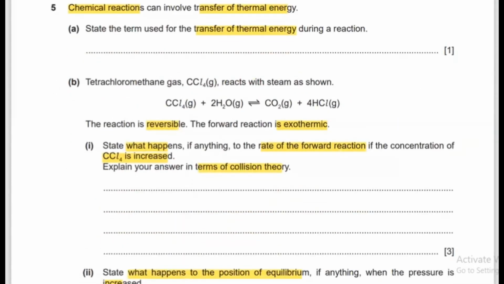Chemical reactions can involve transfer of thermal energy. State the term we use for the transfer of thermal energy during the reaction. This is enthalpy change, the enthalpy change of reaction, delta H. This question: tetrachloromethane gas reacts with steam to form products, and the reaction is reversible.